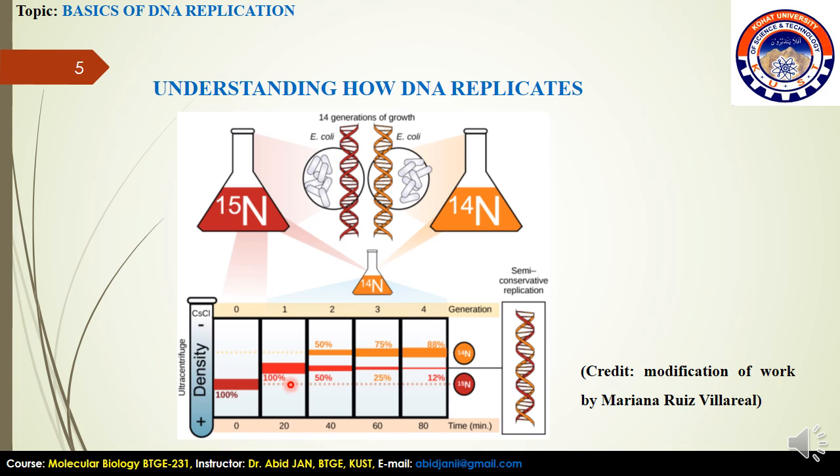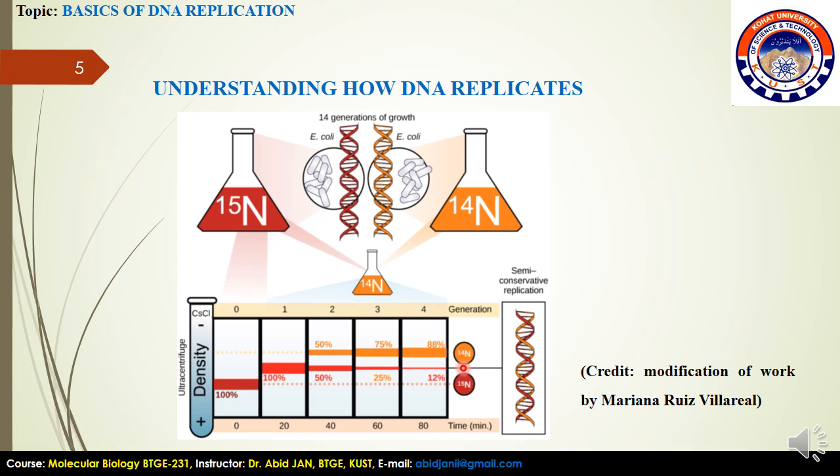When DNA grown in 15N is switched to medium containing 14N, after one round of cell division, the DNA sediments halfway between 15N and 14N levels, indicating that it now contains 50% 14N.